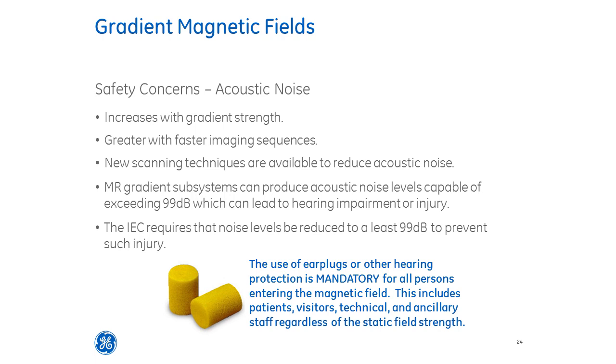This recommendation is extended beyond the patients to the visitors, technical, and ancillary staff when the scanner is scanning, regardless of the static field strength. This is applicable when the scanner is actually scanning and the gradients are switching. When not, the ambient room and the scan room noise does not exceed the level where hearing protection is required.